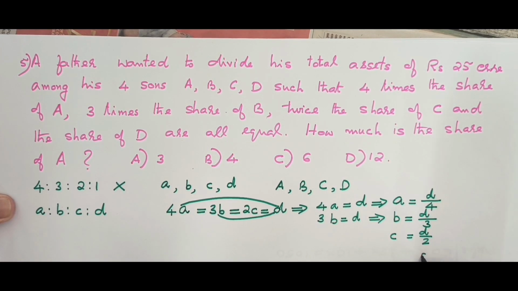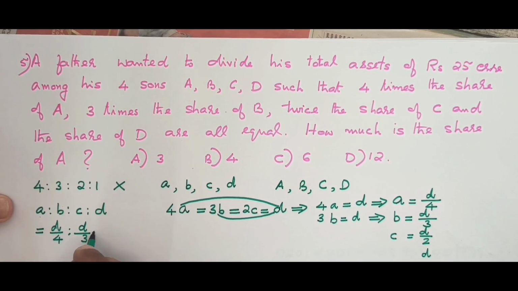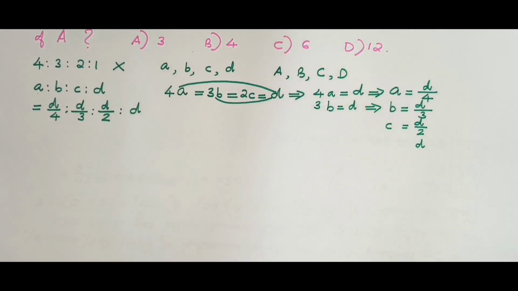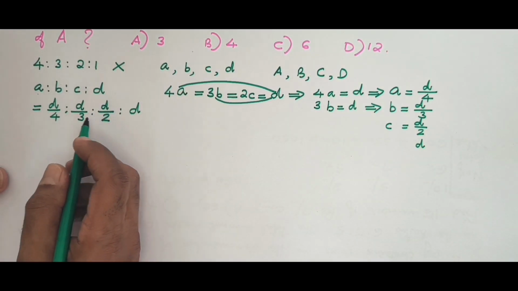And then there is D. Now, A is to B is to C is to D will be, let's substitute its value in terms of D, D over 4, similarly B, D over 3, C, D over 2. Then there is this D, which we will be repeating.